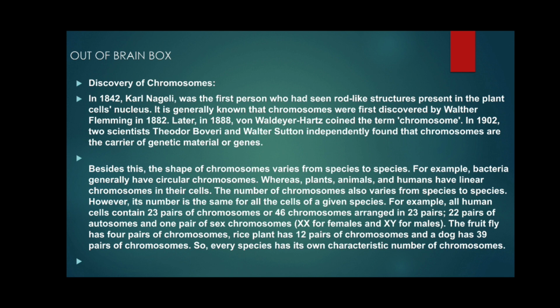The fruit fly has 4 pairs of chromosomes, the rice plant has 12 pairs of chromosomes, and a dog has 39 pairs of chromosomes. In this way you can think that every living organism has a different number of chromosomes, but you also know that sometimes the same number of chromosomes is found in different species.